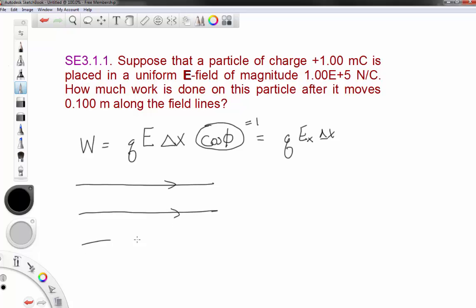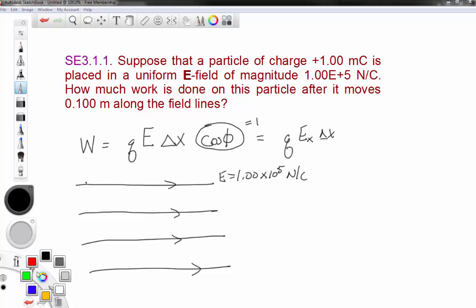Maybe I'll just draw a few field lines, and it has a uniform strength of E equals 1.0 times 10 to the 5th newtons per coulomb. And we're starting with our particle, which has some charge Q. So here's our particle right here.